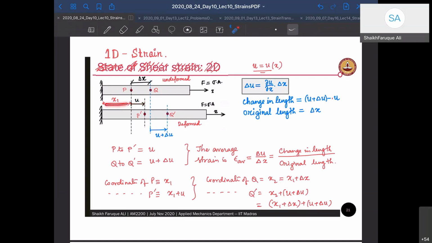Coordinate of Q dash is going to be x2 plus u plus del u, because Q has moved by u plus del u from its previous position. Now x2 is x1 plus del x, so it comes out to be x1 plus del x plus u plus del u. That's the coordinates of P dash and Q dash.